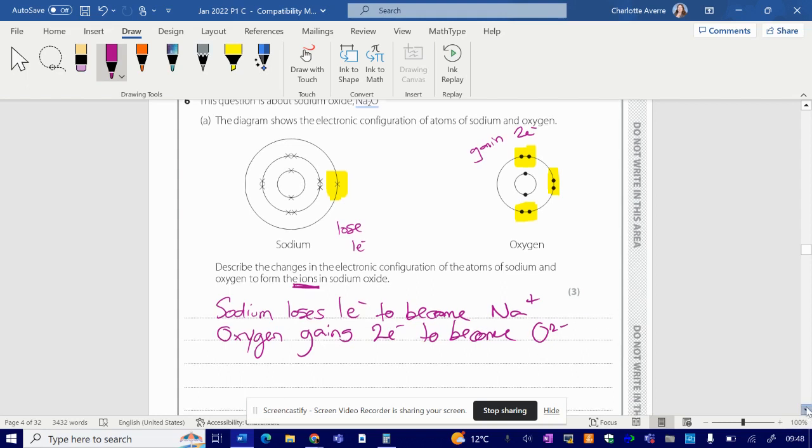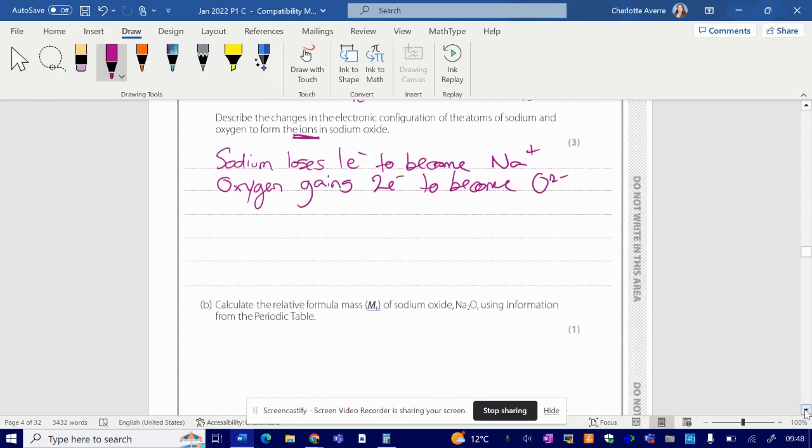It doesn't ask us to talk about the formula, but I think it's a good idea to do so just in case. So there are 2 sodium ions for every 1 oxygen.